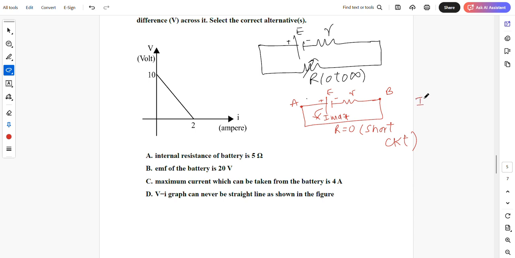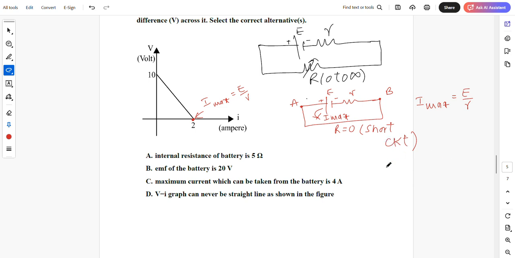I will be maximum, that is equal to E by R. This is the maximum current. Understood? Here I is maximum. That is given by E by R.